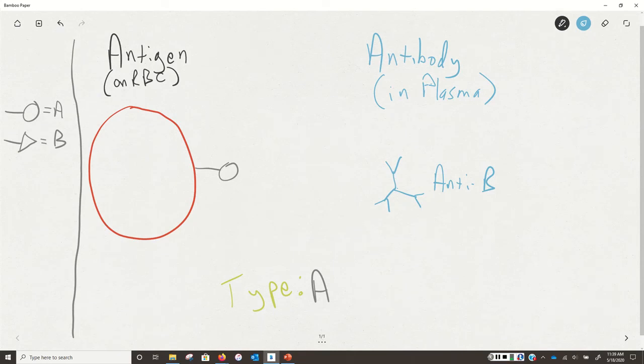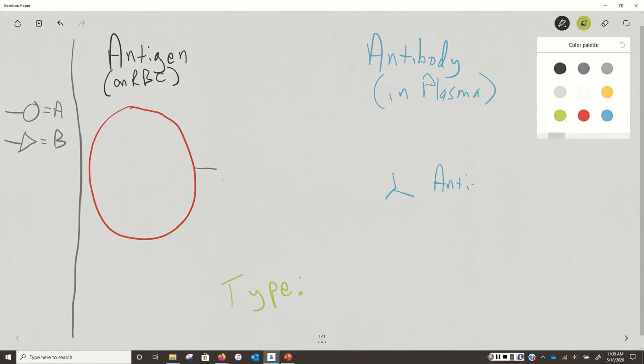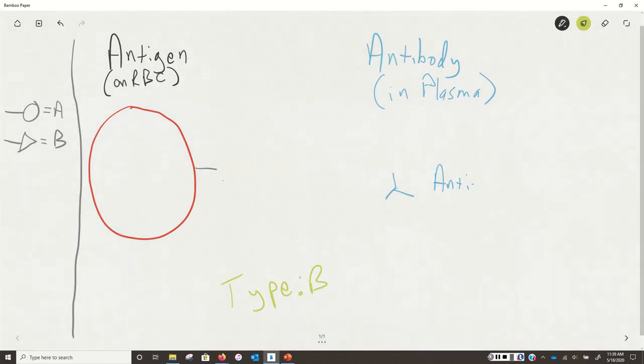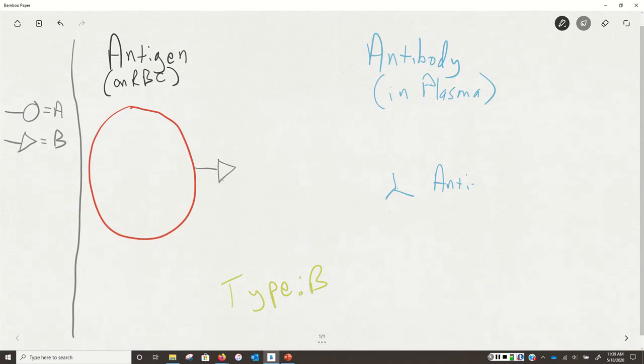So let's look at another example. If someone, let's say, has type B blood, then what they would have is the B antigen.